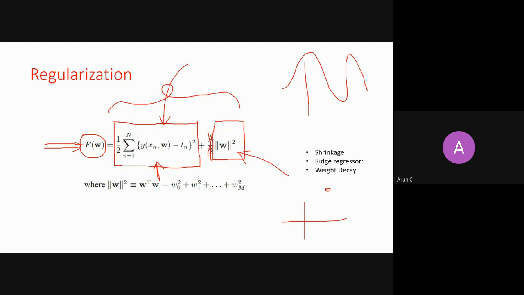So zigzag means, if there are 2 points here and your polynomial is coming from this side, first it will try to go through this point, and if you don't have a constraint, it will take a very sharp turn to go through this data point, right? And if you have another data point here, it will again take a very sharp turn and try to go through this point. This is what I mean by very sharp and zigzag turns.